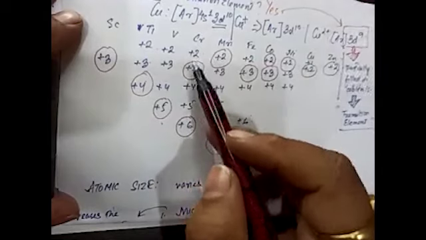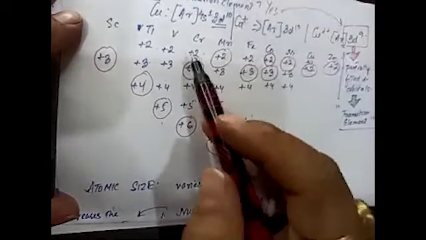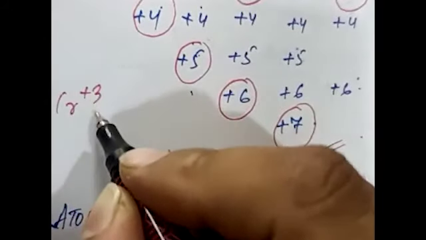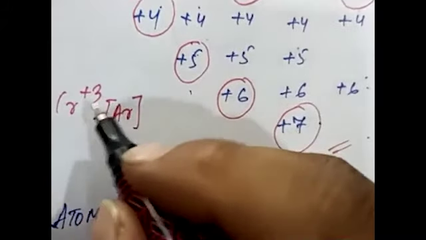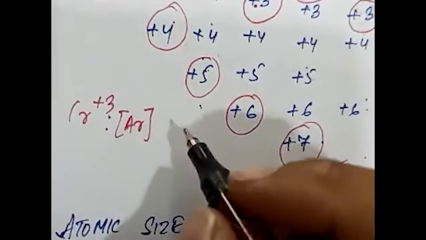Chromium plus 3, chromium plus 6. If you just figure it out, what is chromium plus 3? I'll just show you. Chromium plus 3 is argon. See, what was chromium? Chromium was 4s1 3d5, right?